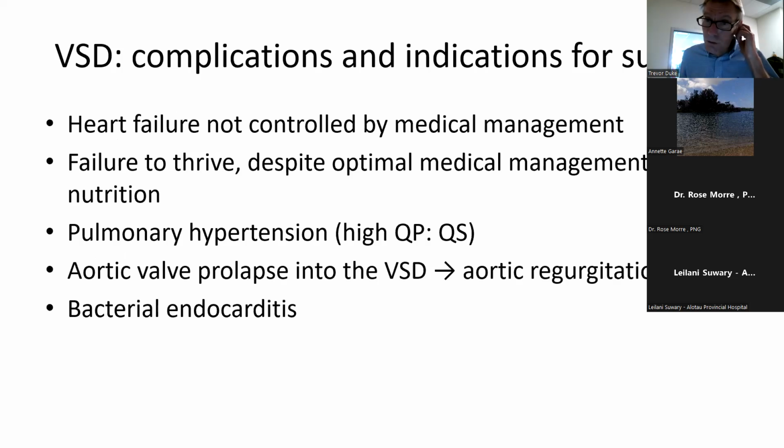Usually in children with VSDs, we put them on medical management first, and if that fails, then they need to have surgery. Not all children with VSDs need an operation, but most of them do.